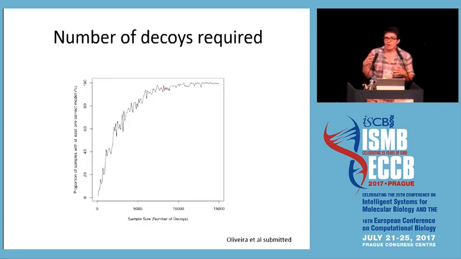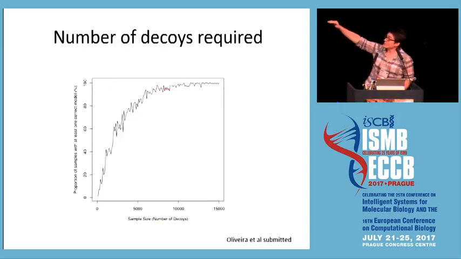So we took just over 40 different test cases and produced 100,000 decoys for each one. And then we took samples out of that 100,000, so say samples of 5,000 decoys, and looked at the proportion with at least one correct model. So I'm using the same definition of correct model as was mentioned earlier in the first talk in the session of a TM score greater than 0.5, but it doesn't matter a great deal, it's just a definition.